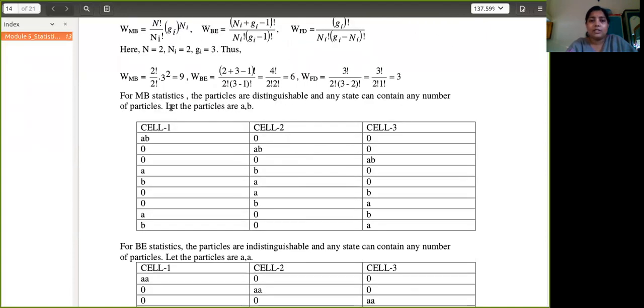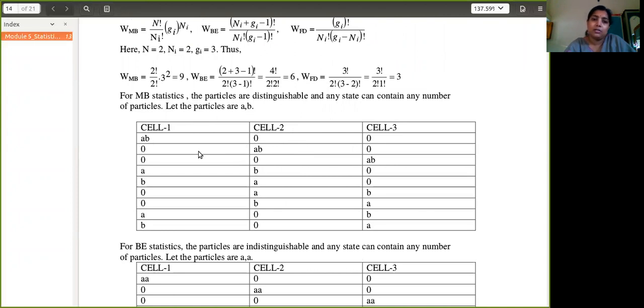So for MB statistics, we have the particles. Remember, for MB, the particles are distinguishable. For Bose-Einstein and Fermi-Dirac, the particles are indistinguishable. That is the main difference between them. So if the particles are distinguishable, I can label them as A and B. Now look at the combinations. Cell 1 has AB, cell 2 has no particle.